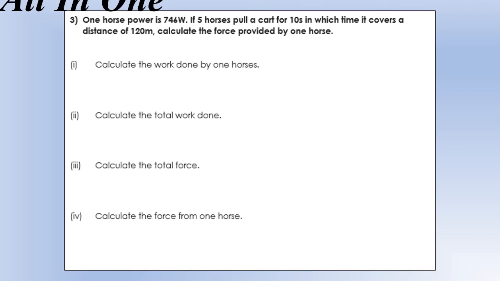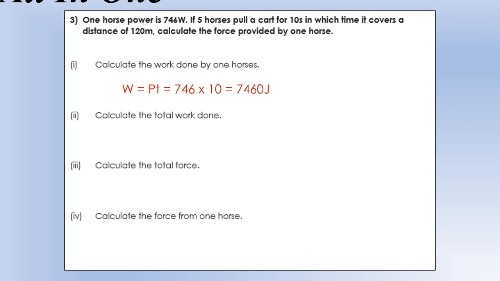All right, let's take a look. So what I'm going to do is calculate the energy supplied, or the work done, by the horse. So power is the energy divided by time, or energy transferred divided by time.